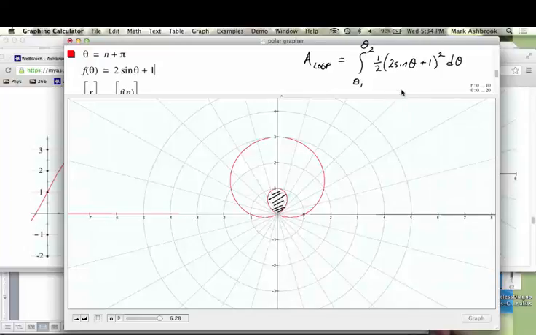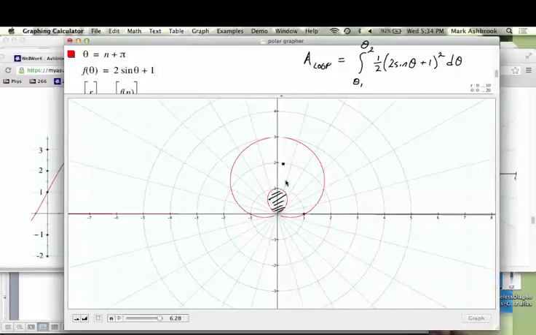Okay. But we just want the area of the loop, so it really just concerns that part of the curve. It doesn't concern all this other stuff, right? Like all this other stuff here doesn't really make a difference. So how are we going to determine what those are? 0 to pi over 2. 0 to pi over 2 would give us all this area here.